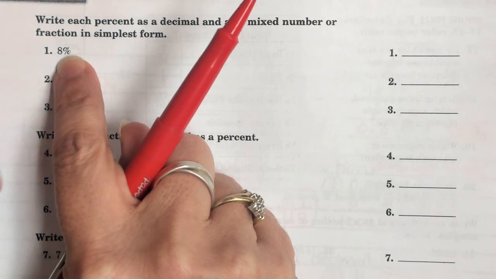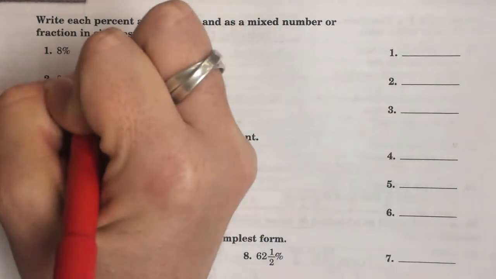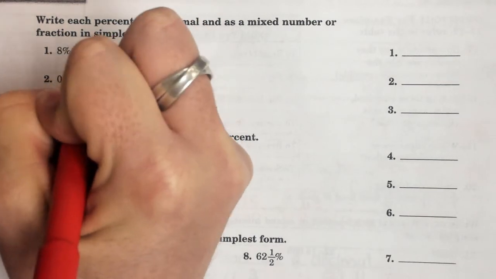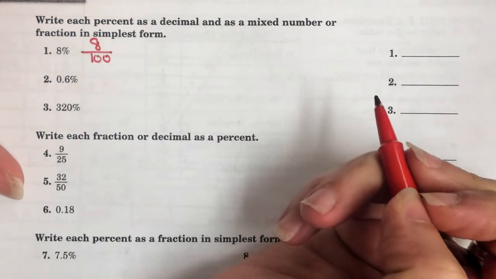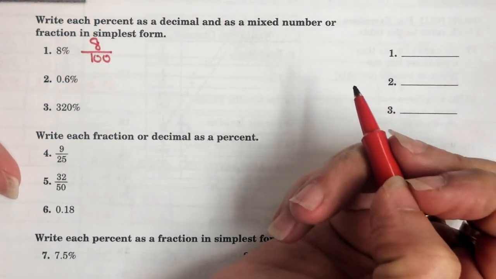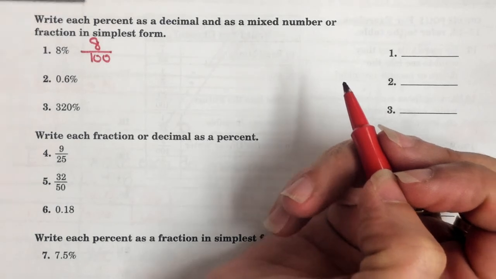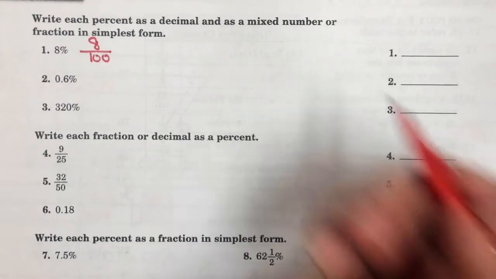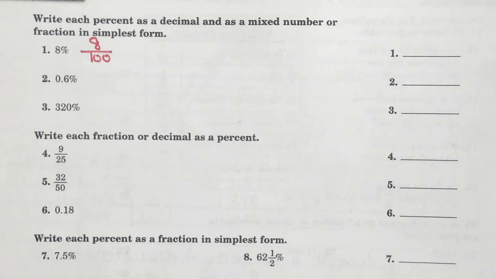Do that first because 8% means 8 over 100. And 8 over 100 is a fraction. Right there, bam, it is a fraction. Now, it may not be in simplest form, but it's a fraction.